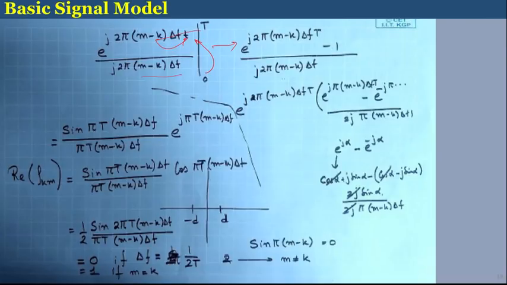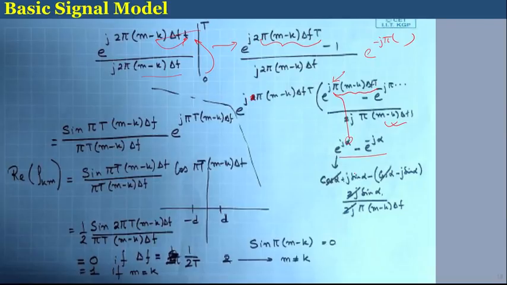Then you solve it in the sense that you take away the π(m minus k)ΔfT, which is over here, and you are left with a term inside, where from the first term you will be left with the π, and the second term will obviously be minus jπ, and the rest of the term as it is, and the denominator remains as it is. So, you have e to the power of jα, e to the power of minus jα, roughly the expression, where α is equal to this entire value.